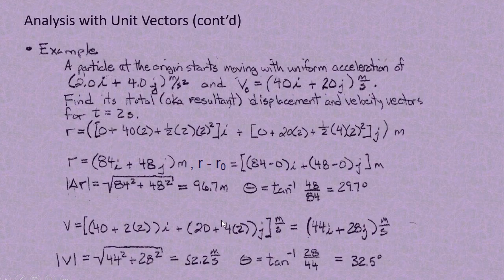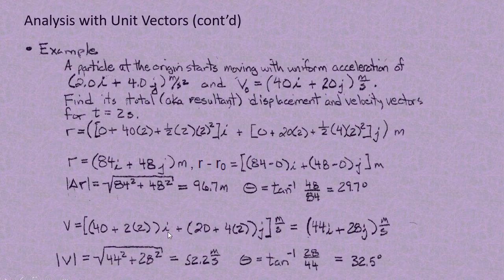Then for the vertical component, the magnitude of the vertical unit vector j, we get the initial velocity 20 from our initial velocity vector, and we get the vertical acceleration of 4 from our acceleration vector, and once again the 2 is defined in the problem as 2 seconds.